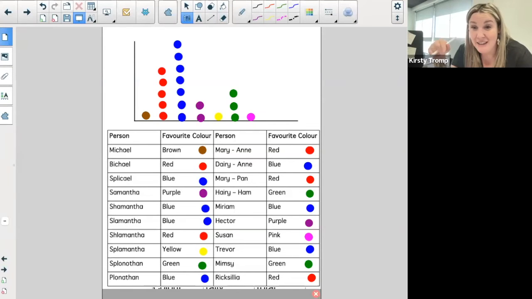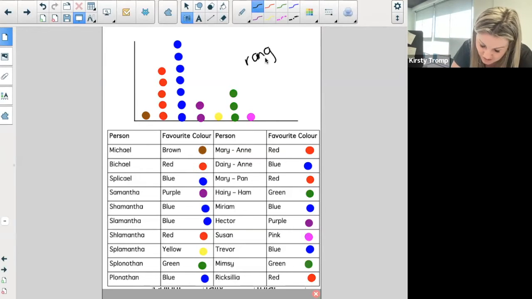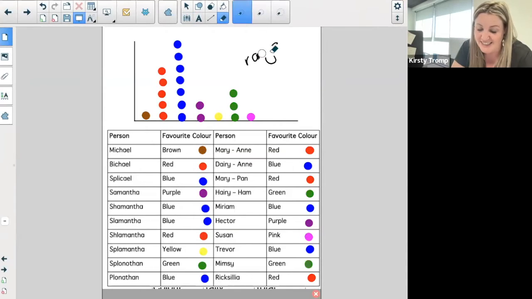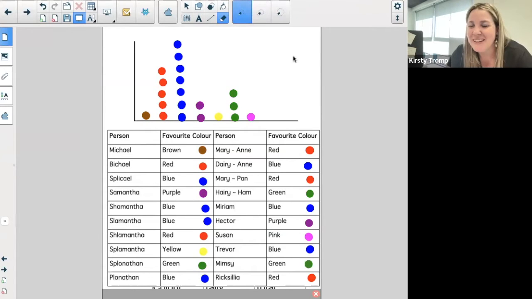Data handling and range, R-A-N-G-E. Range, yes. We're going to do that. That is part of data handling. Yes. Thank you. You're welcome. No problem.